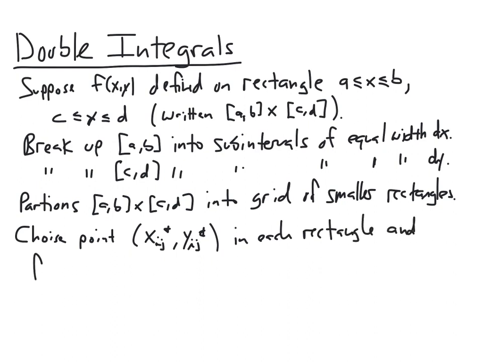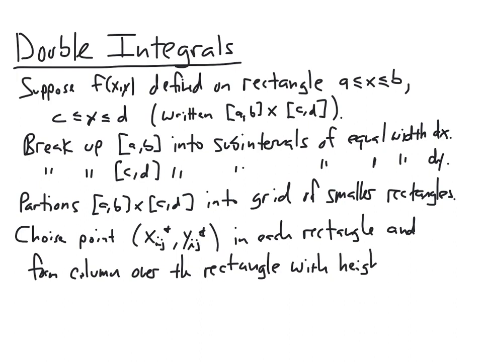From that point, we're going to form a column over the rectangle with the height given by the function value at the point that I just chose.